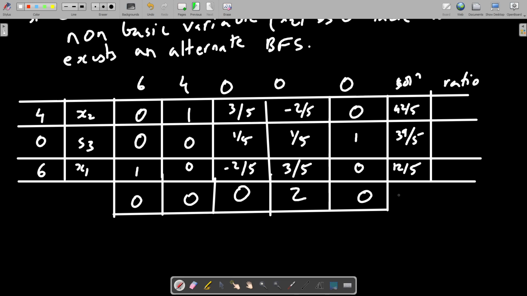Okay, then finally the solution values. So 42 into 4, and then 12 into 6.